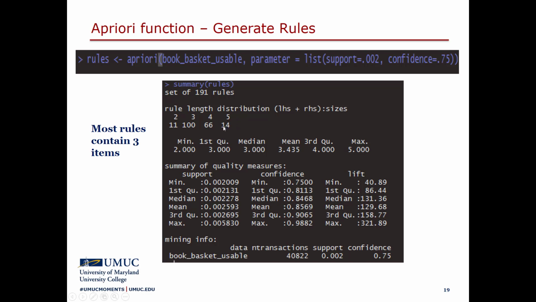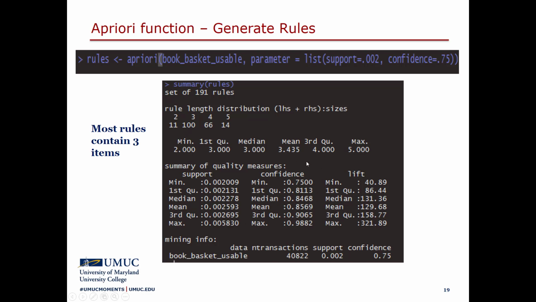It was limited to 5. So most rules contain 3 items, as you can see. There are 100 rules with rule lengths of 3.